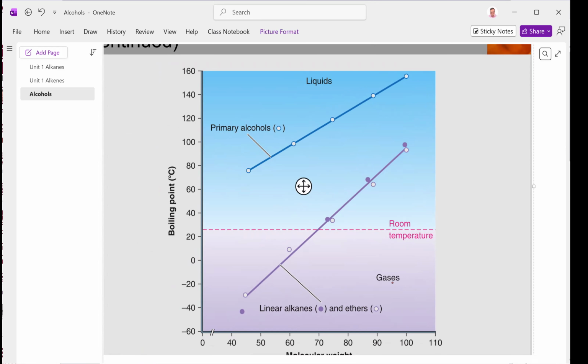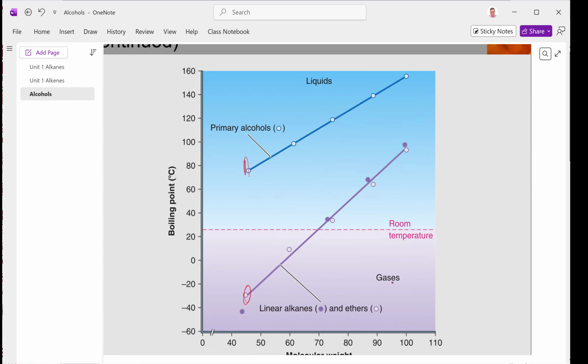So you look at this alcohol versus this alkane. Same molecular mass. The alcohol boils at a higher temperature, it melts at a higher temperature, and it has stronger surface tension. You always consider those 3 things when you're talking about intermolecular forces.